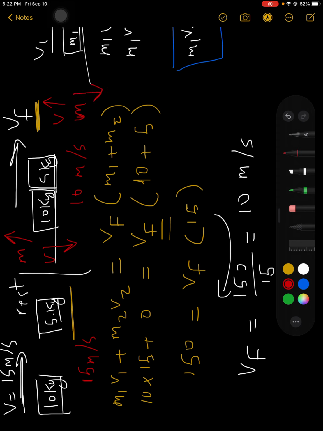Before the collision, the mass was 10, so the object was moving at 15 meters per second. But when they stick together, the mass becomes 15, so the velocity decreases and becomes 10 meters per second.